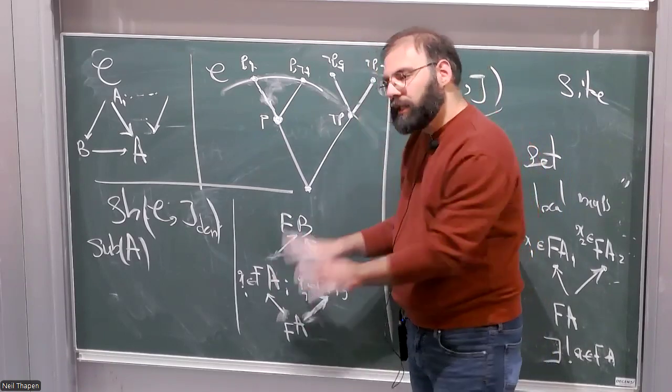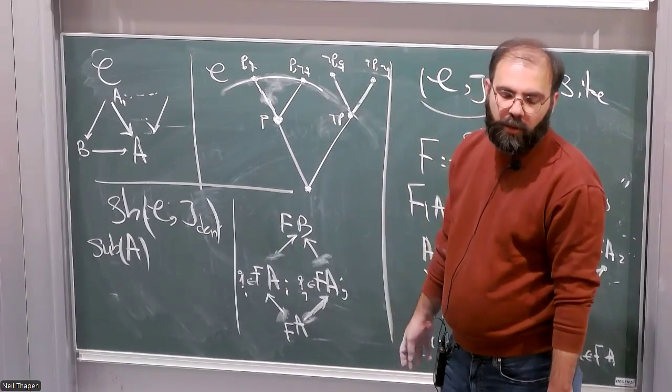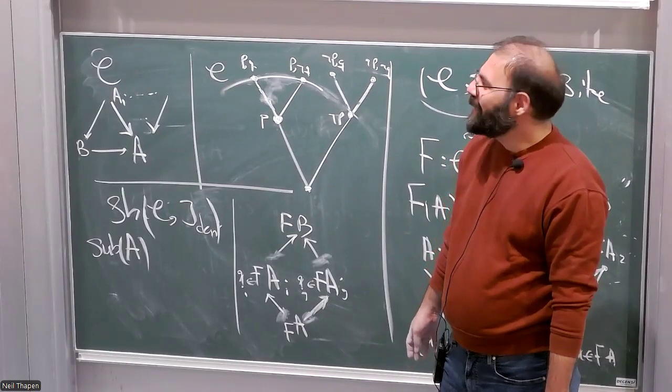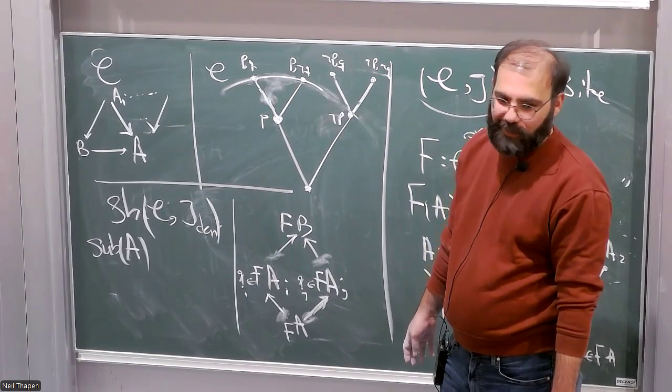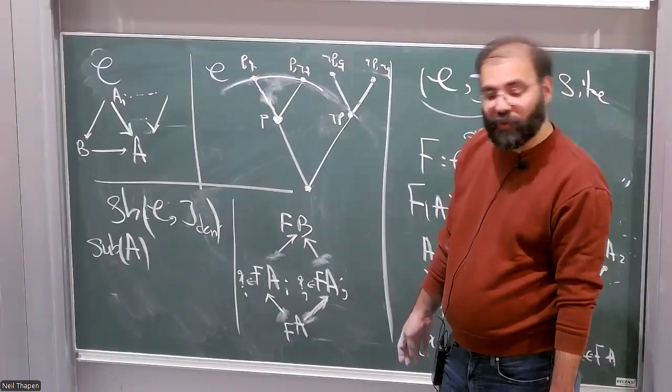So if you have it for it, then you have it. This covering is not that common, but they used it in the independence proofs.